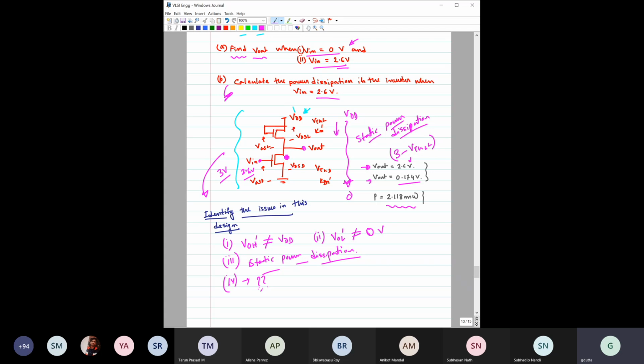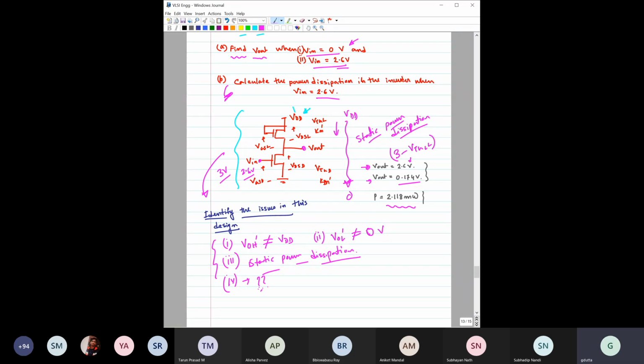So we have to calculate it. But other than that, is there any other issue? Probably no, right? So these are the three major issues for this type of design.